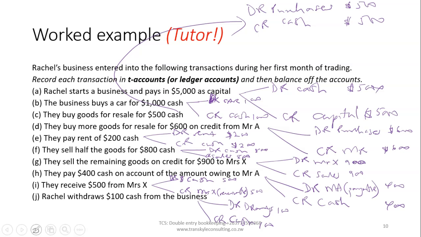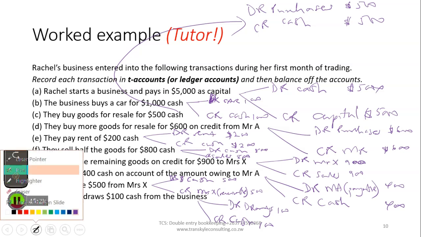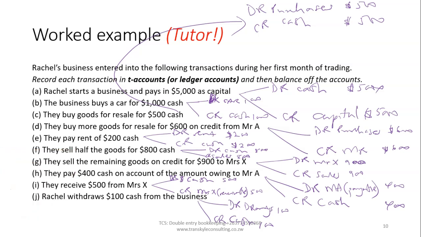How do you know that this account is relevant? You can see that the cash account is affected here, here and here. There's also the capital account, the purchases account, the payables, the receivables, all those accounts were affected. So we need to attack each account as it stands. So let us get going.